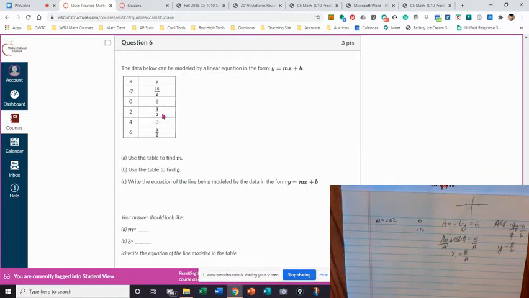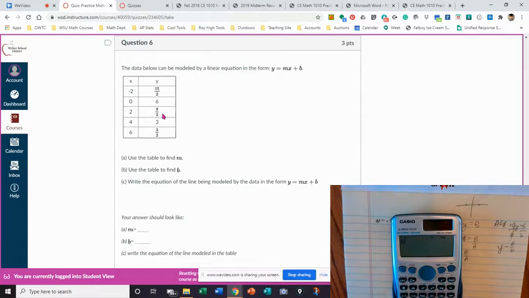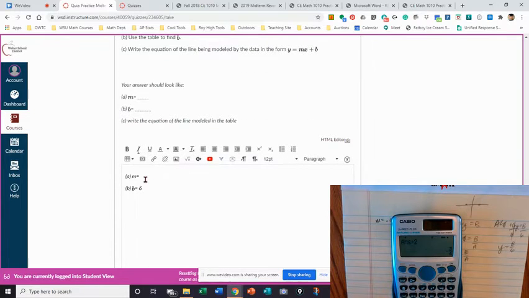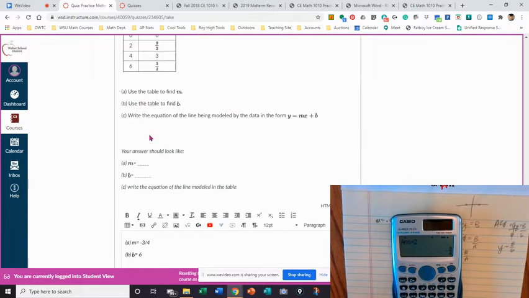I'll go 9/2 minus 6, that gives me -3/2, and I'm going to divide that by 2 minus 0, which is just 2. And I get my slope is -3/4. Perfect.